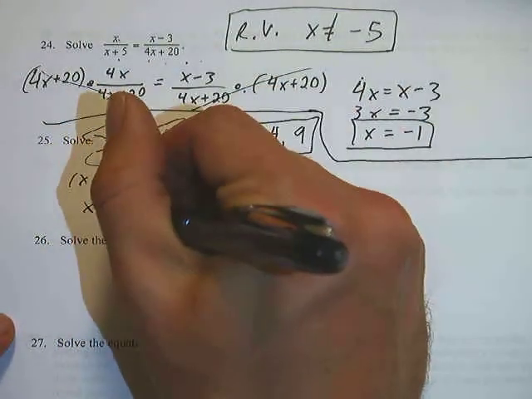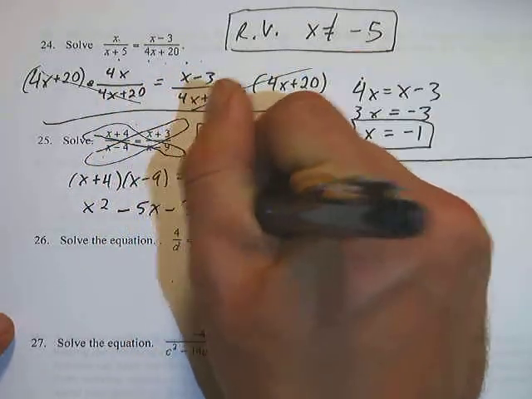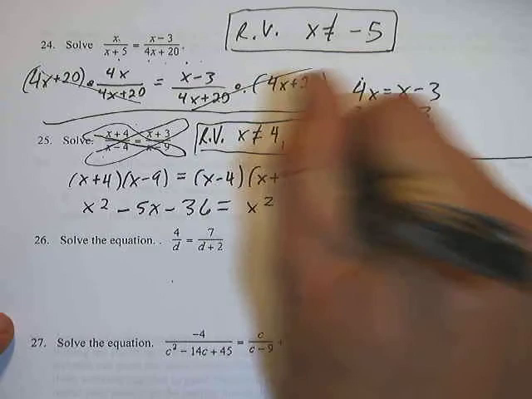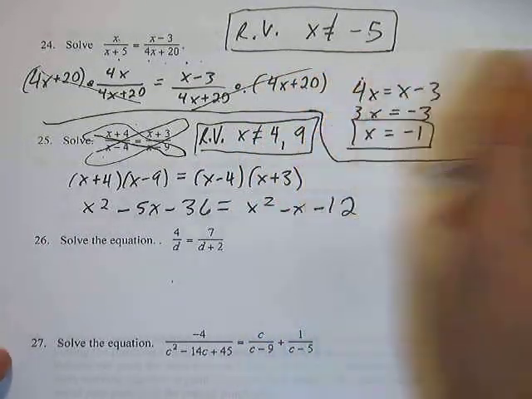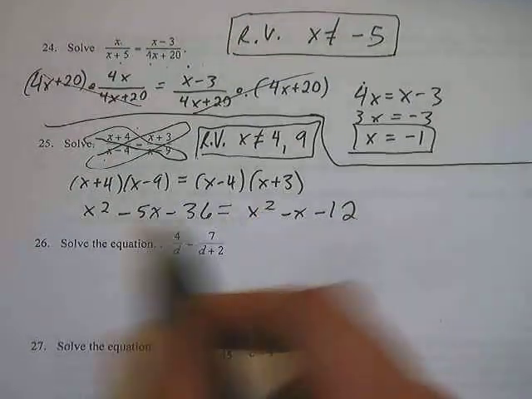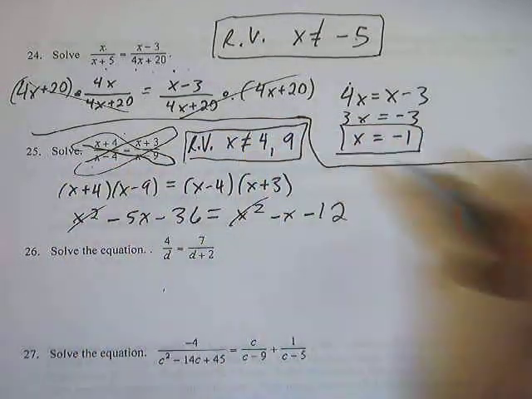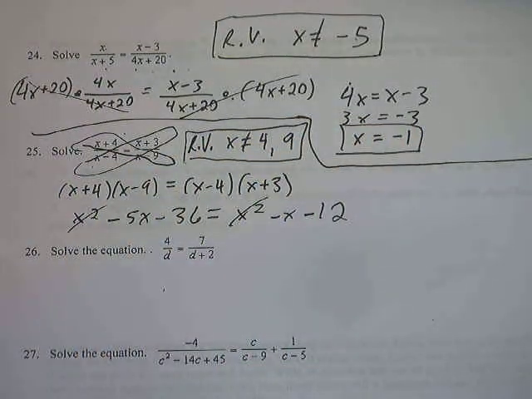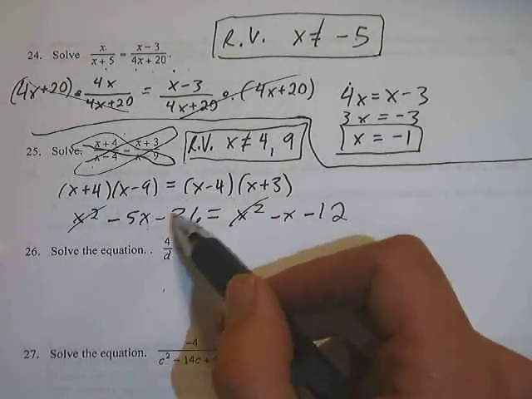We're going to FOIL this out to get x squared minus 5x minus 36 equals x squared minus x minus 12. Here we want to combine like terms. I'm going to subtract x squared from both sides, but when I do that, it simply cancels out the x squareds.